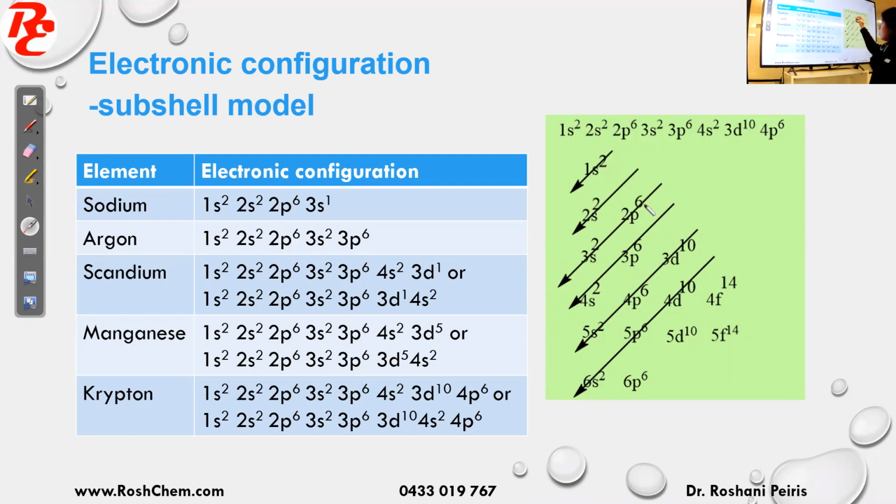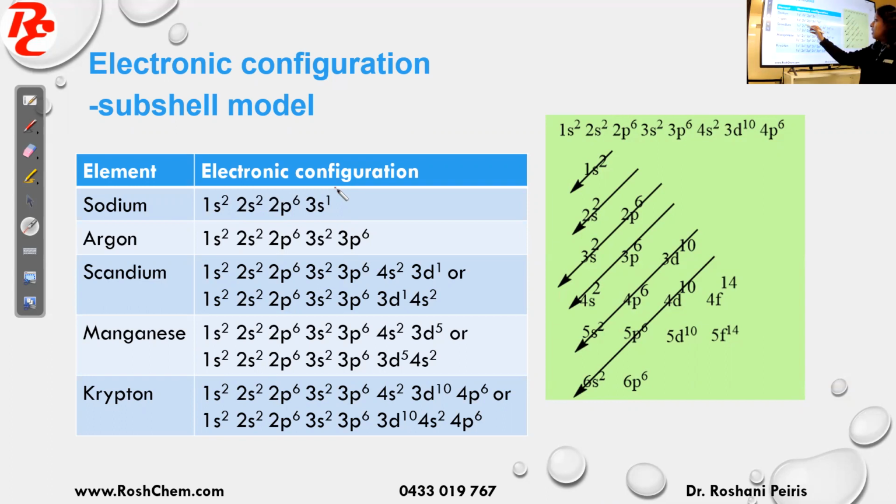So it's 10 electrons. 1s2, 2s2, 2p6 makes 10 electrons, and you want one more electron to make it 11. Therefore it's 3s, but not 3s2 because you only need one more electron. It is 3s1. So the sodium subshell configuration is 1s2, 2s2, 2p6, 3s1.